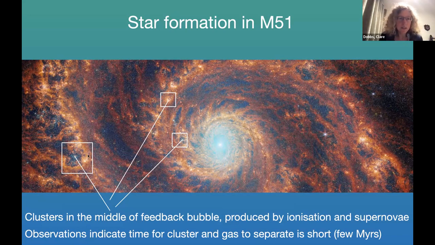These are bubbles that are produced by feedback, by ionization and supernovae. And observations like these JWST observations indicate that the time scale for this to happen, and this is probably quite a big one, so this would take longer, but the time scale to produce these little bubbles around the clusters is pretty short, only a few megayears or so.